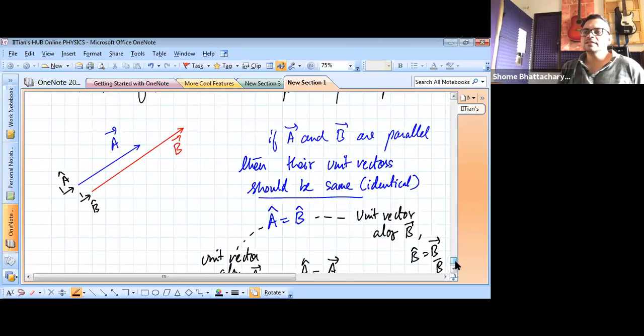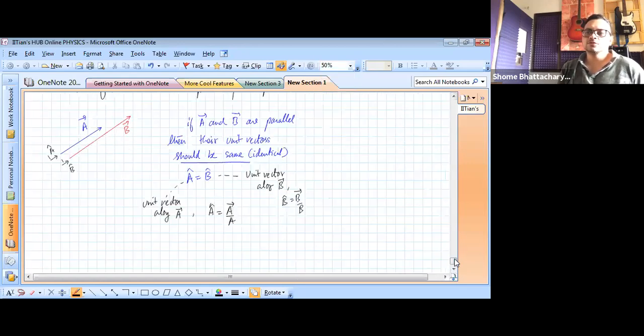That means their unit vectors should be identical, so A cap should be equal to B cap. Whenever two vectors are parallel, remember their unit vectors become identical. A cap is a unit vector along the vector A, so it is vector A divided by its own magnitude. Similarly, B cap is vector B divided by its own magnitude.